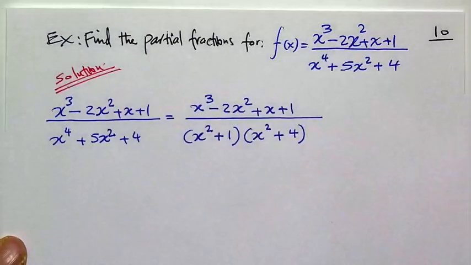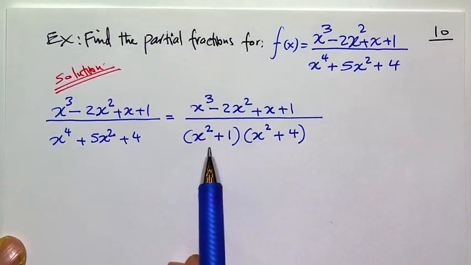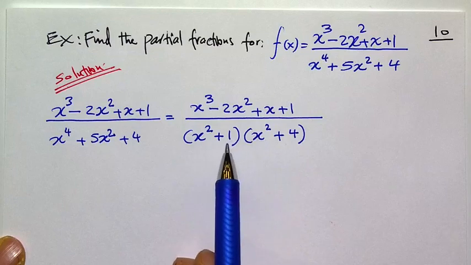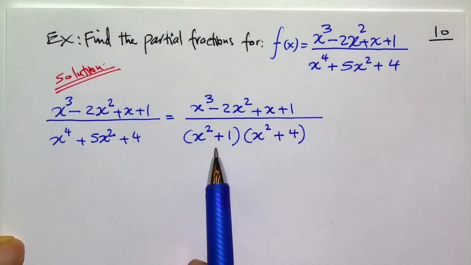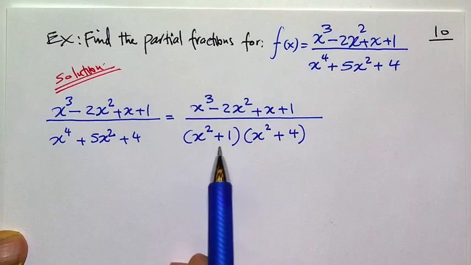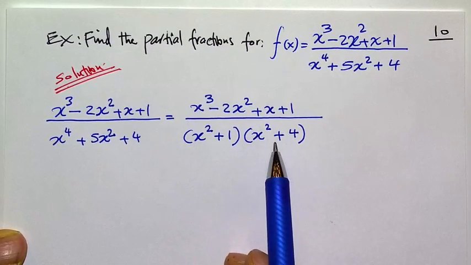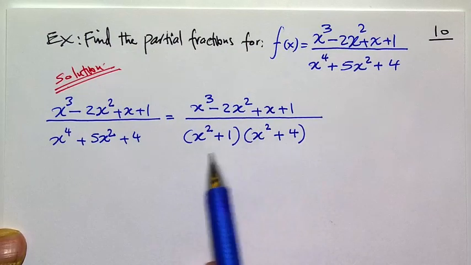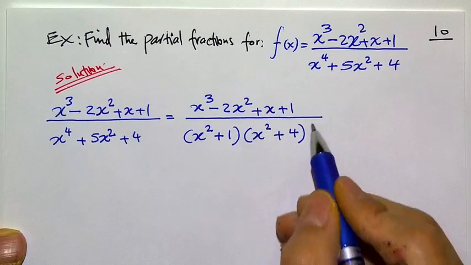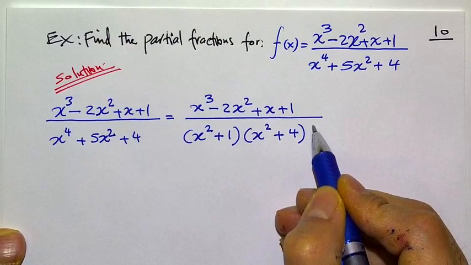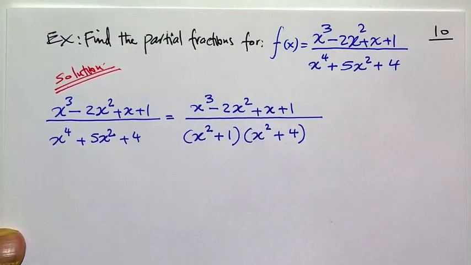Right? What do you see now? These two factors, they're both quadratic and they're both irreducible. Right? Because can you factor this one any more than this? No. Can you factor this one? No. And none of them are repeated, right? In other words, you don't have a power outside here for this. You don't have a power outside for that.